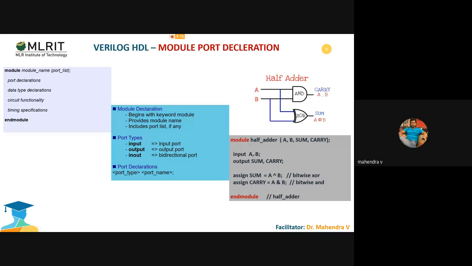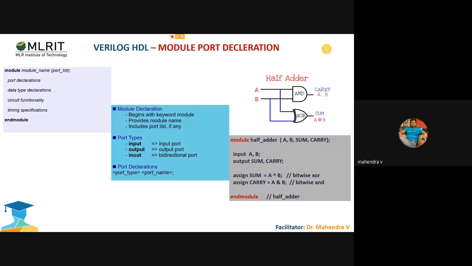You can put multiple port names under the same input if both have the same size. If they have different sizes, then we need to take two inputs: one input keyword for one kind of definition, another for another definition. Later I will explain this. Such concepts will come up during the discussion.